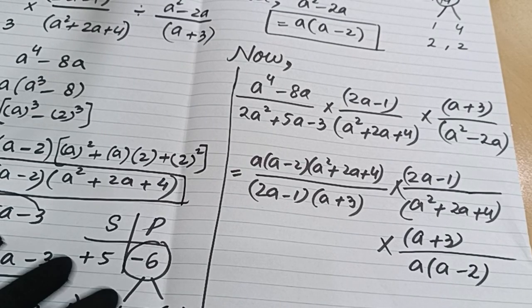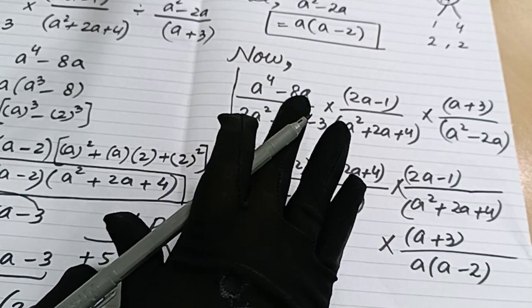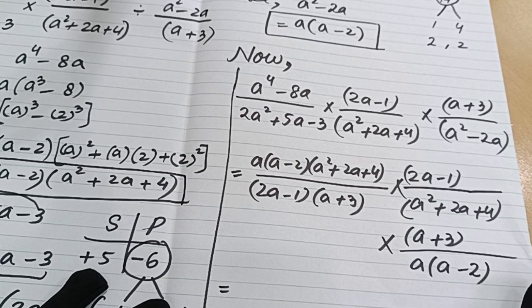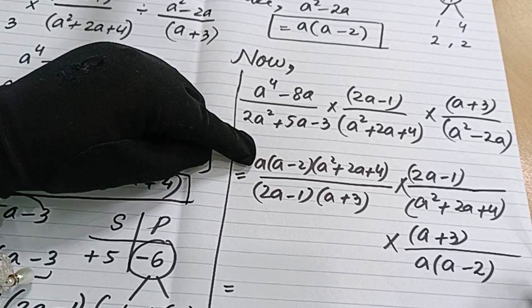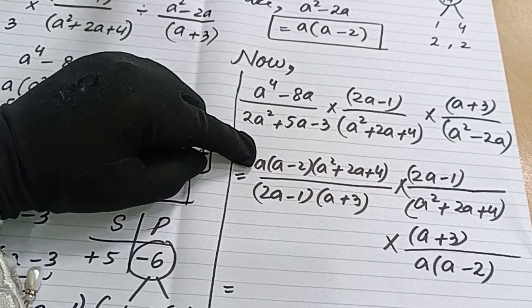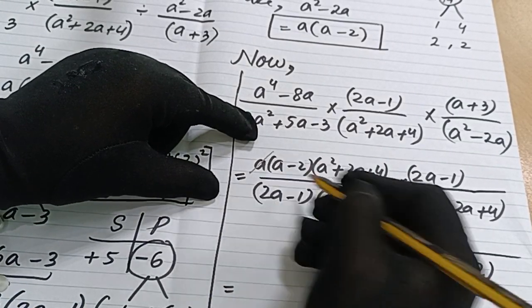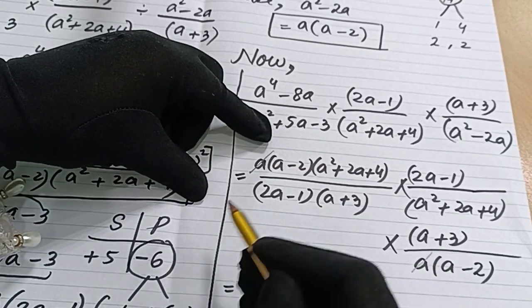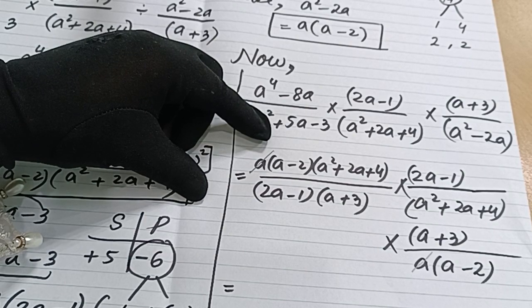Okay, good. After completely factorizing the expression, now we check the simplification. This a is common. Any a in the denominator? Yes. Can I cancel by the pencil? This a can be cancelled with this denominator. A minus 2 in the numerator can be cancelled. Any a minus 2 in the denominator?